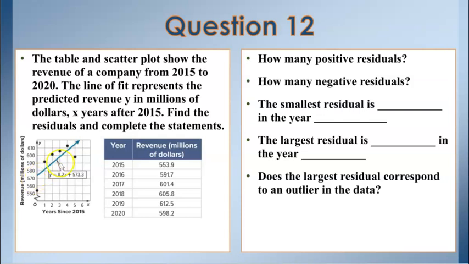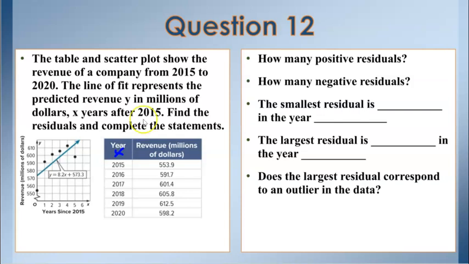So in the graph, the line is the predicted value, and the points are the actual. We're going to put in the X term for the years since 2015 to find the distance from the predicted amount, the line, to the actual. And the answer to that would be our residual.